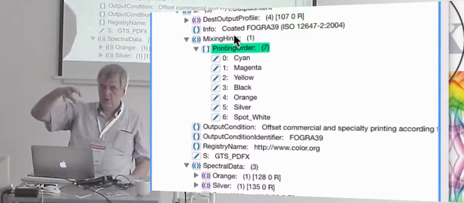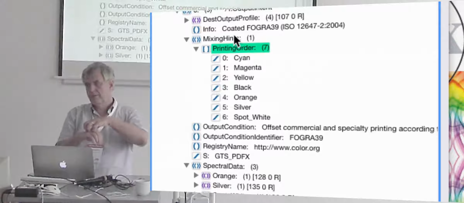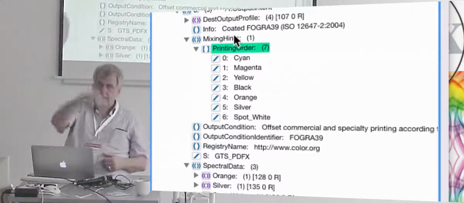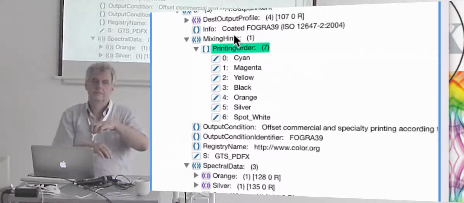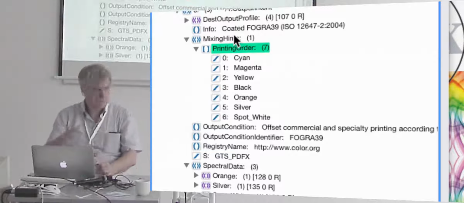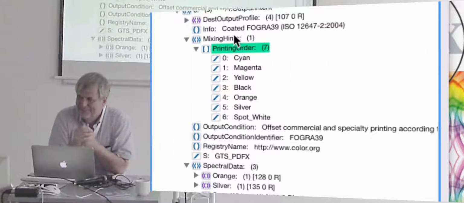If silver is highly opaque, but you print it first and then you put black on top of it, you will probably see a lot of black. If you print the black first and then the silver, because silver is highly opaque, you'll probably not see much black, because it just covers up the black. So hopefully that mixing hints piece was good enough to confuse you a little bit.